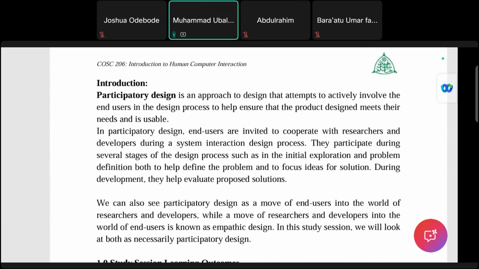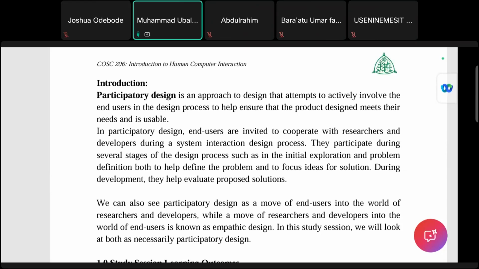So from the word participation, we should be able to understand that at this stage, design needs to involve the active users of the system in order to make sure that whatever it is that we design has actually met the requirements of the users as well as usability as well as developers throughout the design process, and from problem definition to solution evaluation.